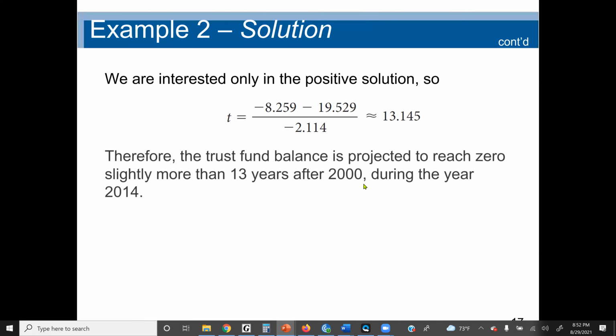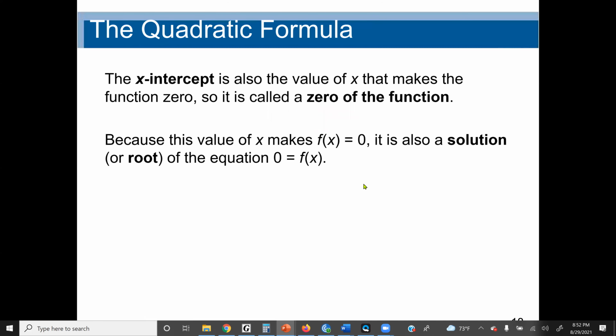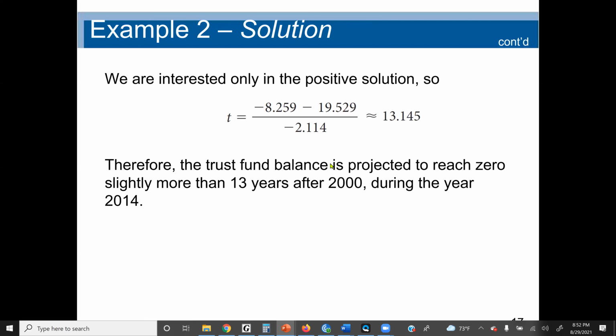And the second value, we will get a positive. If we have plus 19.529, we get a positive value divided by negative, so the answer will be negative.